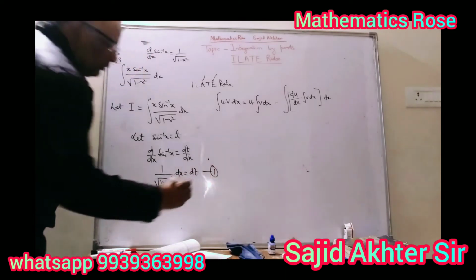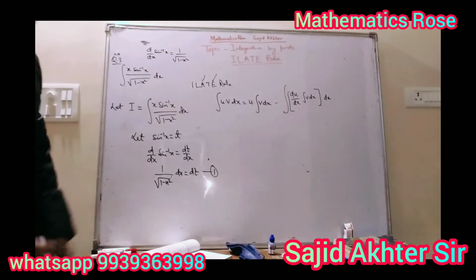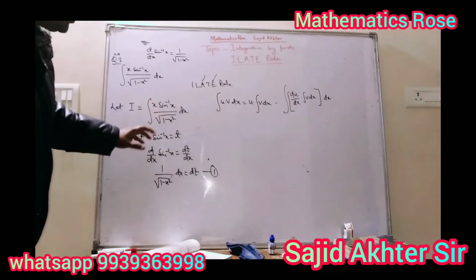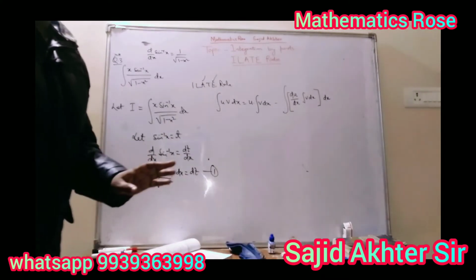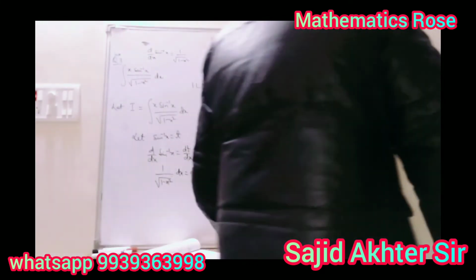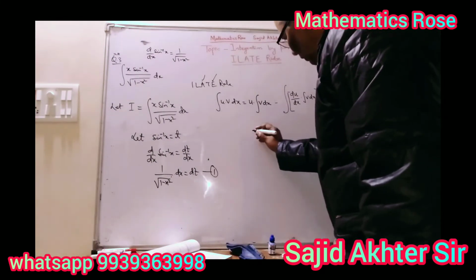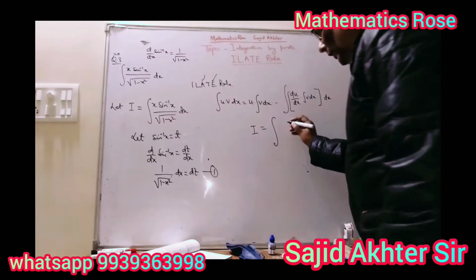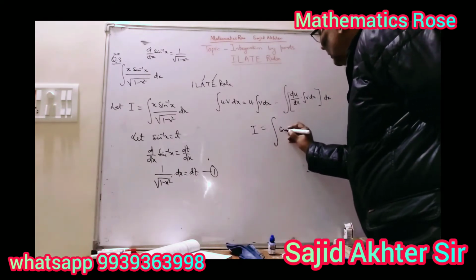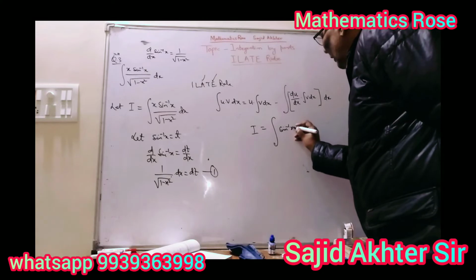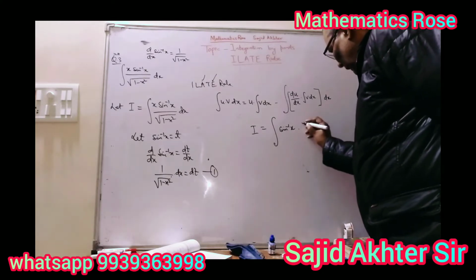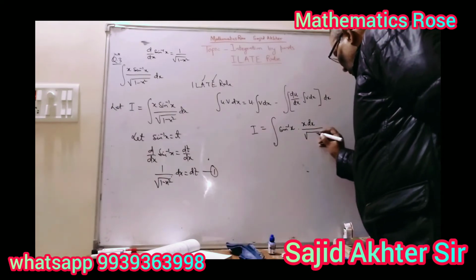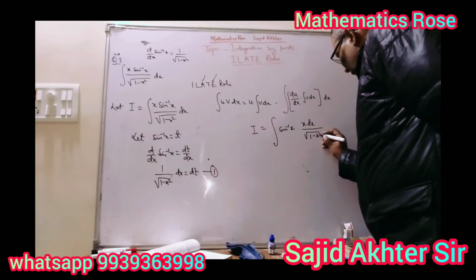Now we will convert the whole integration from the variable x into the variable t, because substitution is applied here. So I is equal to, we can write, sin inverse x, then x dx upon root under 1 minus x square.